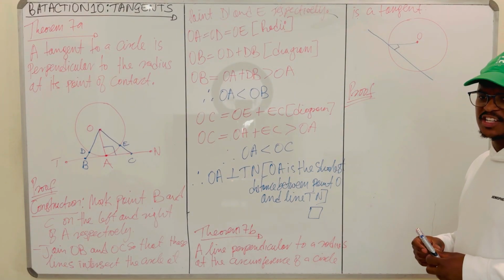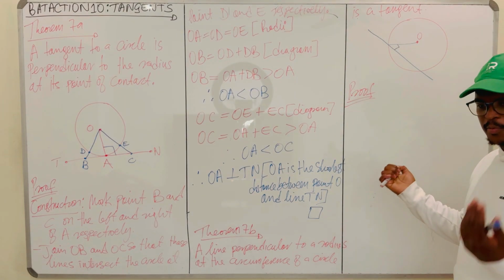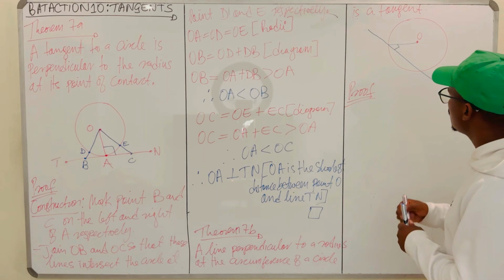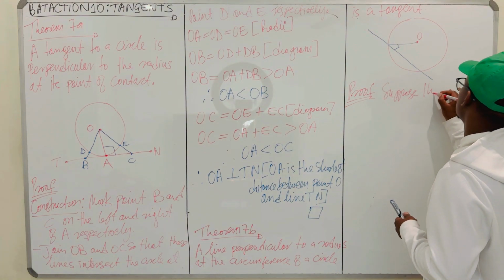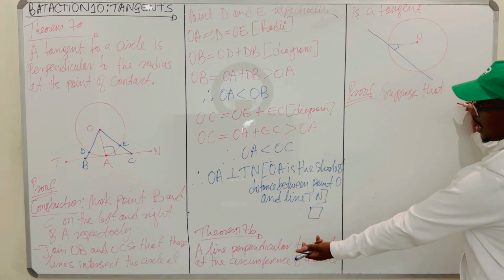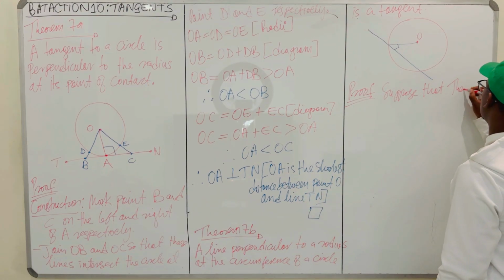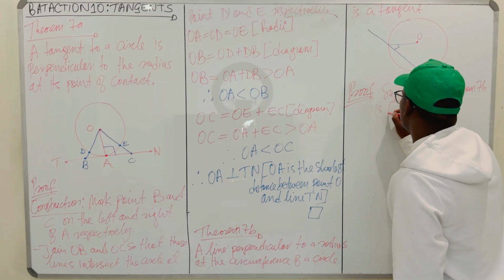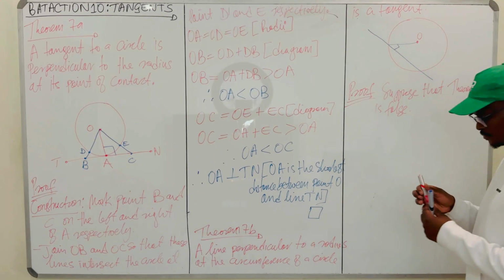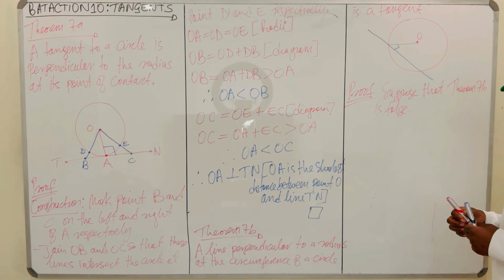I'm going to use proof by contradiction as well. You don't need to know the proof, but I'm just showing you. So, let's suppose that our theorem 7b is false. Are you with me? Yes. Are you following me? Yes.